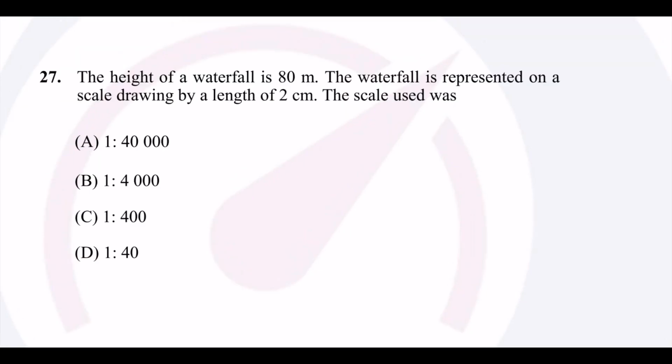Alright, question 27. The height of a waterfall is 80 meters. The waterfall is represented by a scale drawing with a length of 2 centimeters. The scale used was... Alright, so we have meter and centimeter here as our 2 units. So we know that 1 meter is equal to 100 centimeters.